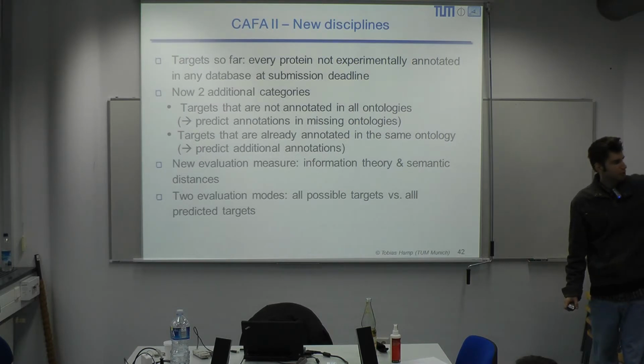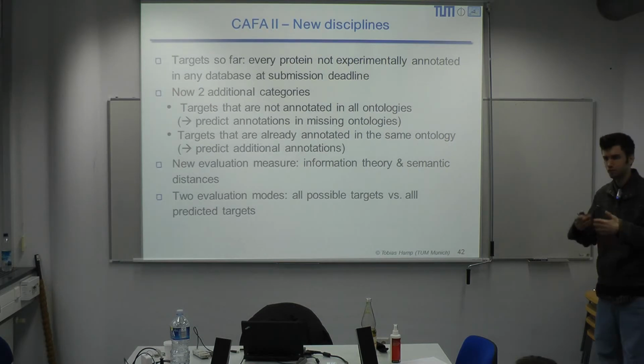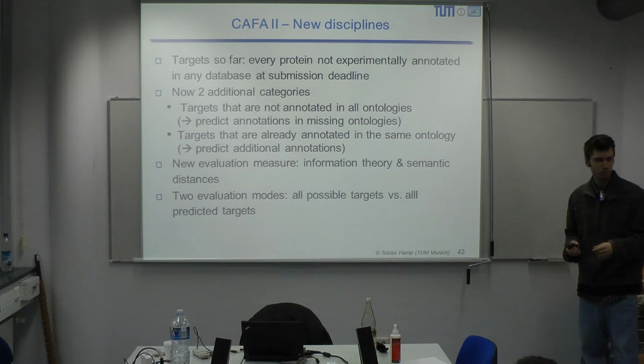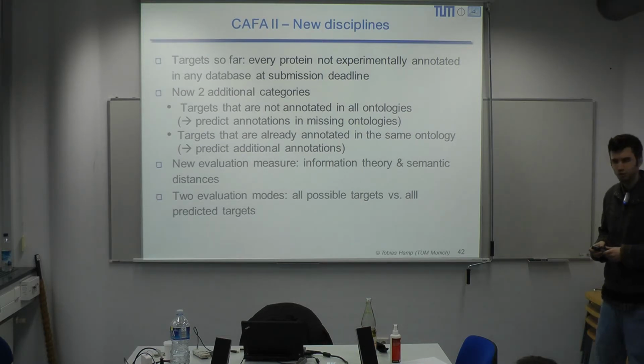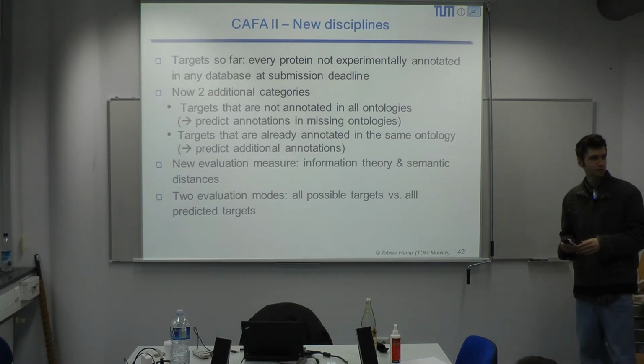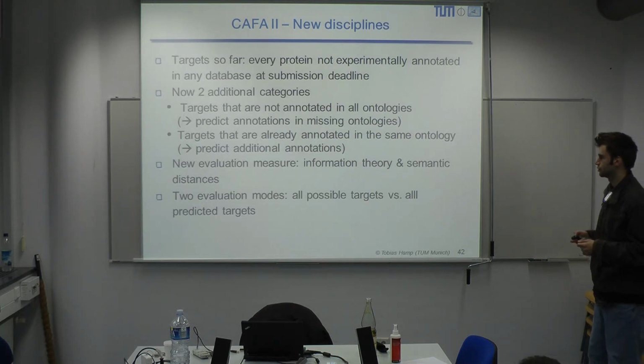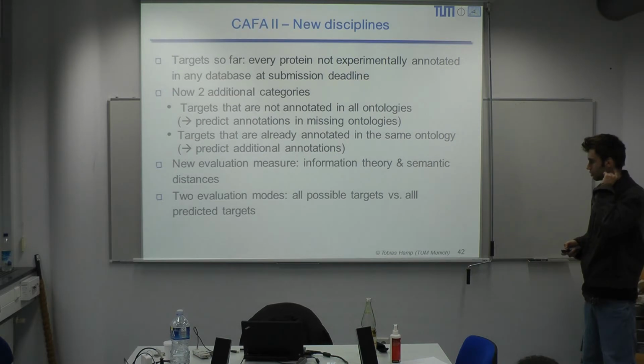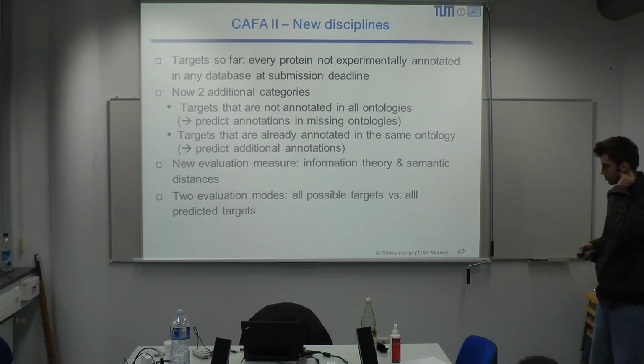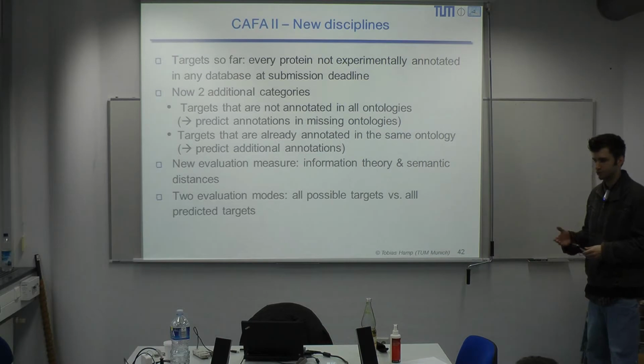So if one GO term always co-occurs with the other GO term, then this should only account for half of the overall weight that the prediction has, for example, or if one protein is annotated with a lot of functions, this should be rated higher than a protein that is only, for example, annotated with enzymatic activity. And finally, we again used two evaluation modes in order to also consider methods that predict, for example, only proteins in human.